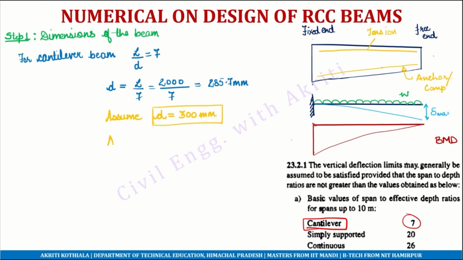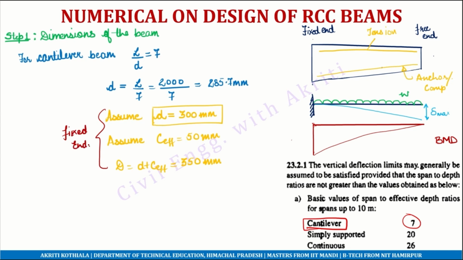So we can simply assume that the effective cover is equal to 50 mm. So C effective is equal to 50 mm. So this gives me an overall depth of D plus C effective, which is equal to 300 plus 50, which is 350 mm. So this is 350 mm overall depth. All this is at the fixed end. Whatever values of D we are assuming, they are at the fixed end and not at the free end.